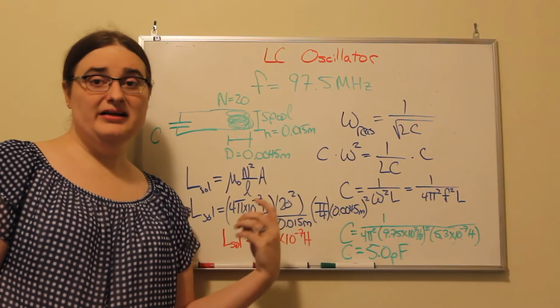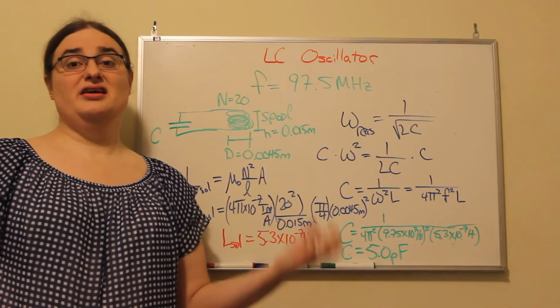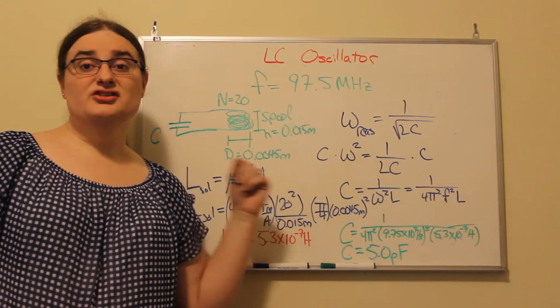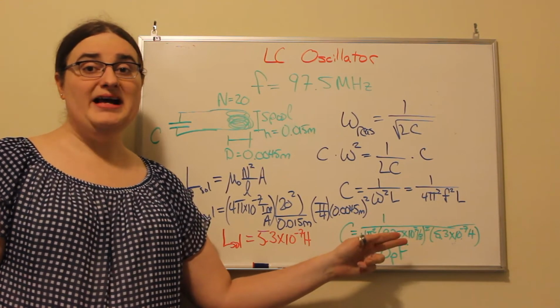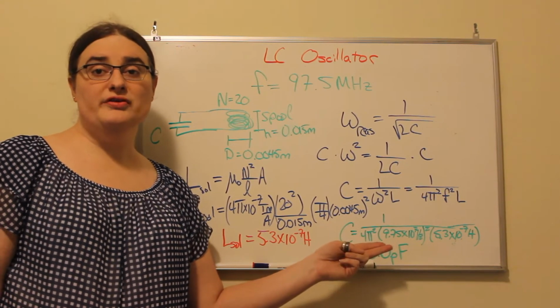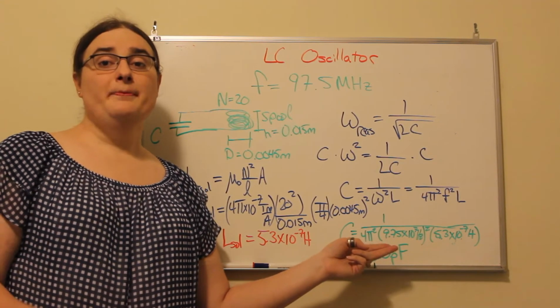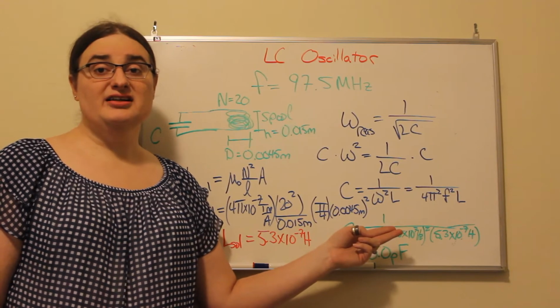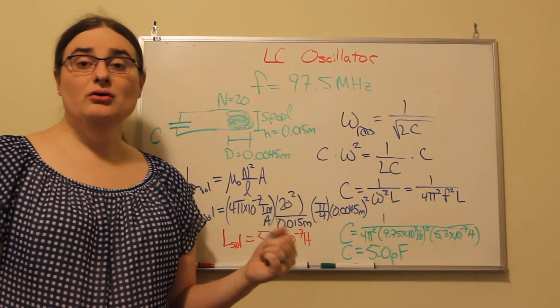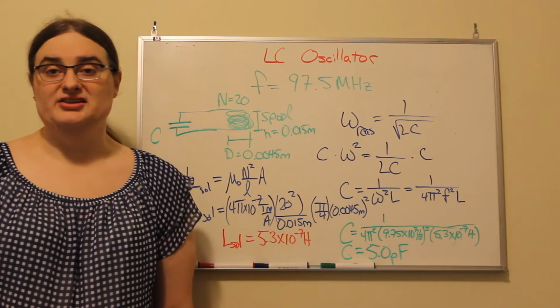And since omega, the radial or angular frequency, is 2 pi times the frequency in hertz, our capacitance is going to be 1 over the quantity 4 pi squared times our frequency in hertz squared times our inductance L. So now we need to figure out how much inductance we have.